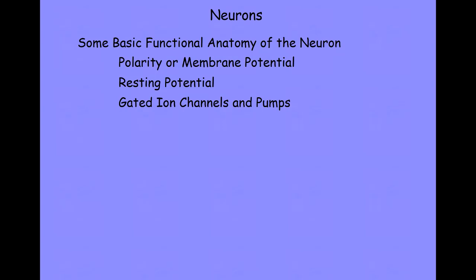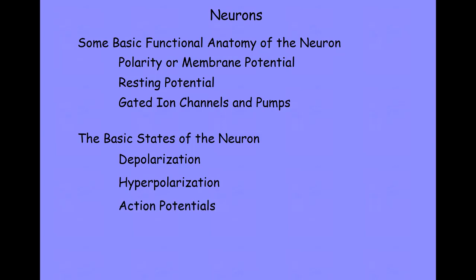And then we want to look at structures called gated ion channels and sodium-potassium pumps. Then we'll look at basic states of a neuron: depolarization, hyperpolarization, action potentials, refractory periods, and spiking frequencies.